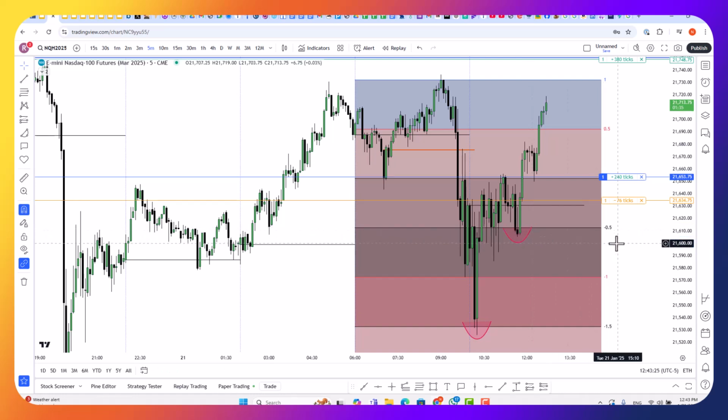Okay. 240 ticks. I think that is reasonable. Two, three, six.